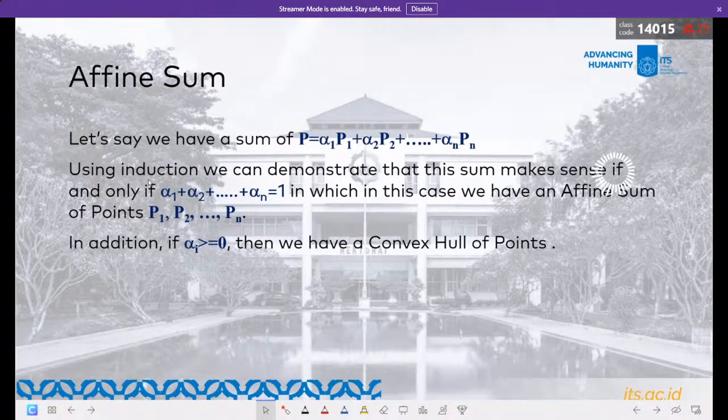Using induction, we can demonstrate that this sum makes sense if and only if alpha 1 plus alpha 2 up to alpha n is equal to 1. In this case, we have an affine sum of points P1, P2, up to Pn. In addition, if alpha i is more than or equal to 0, then we have a convex hull of points.